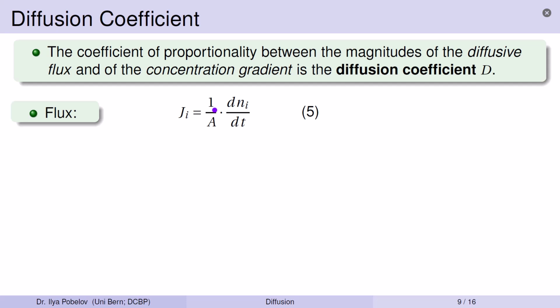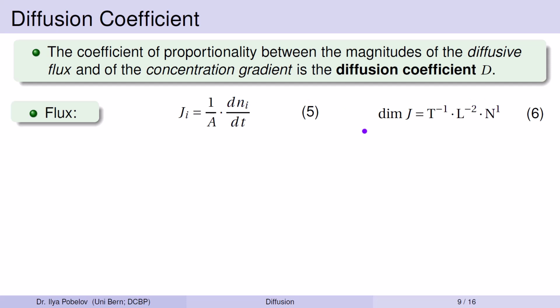Flux is defined as the amount of substance that passes through a unit area per unit time. The dimension of flux is therefore time to the power of -1 multiplied by length to the power of -2 multiplied by the amount of substance to the power of 1.